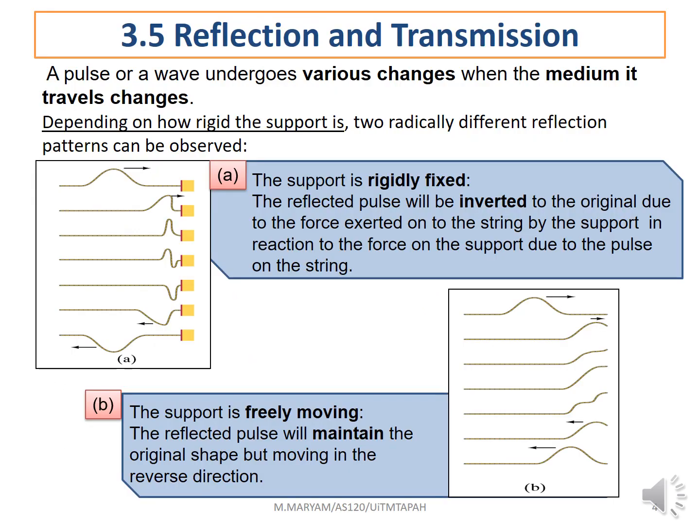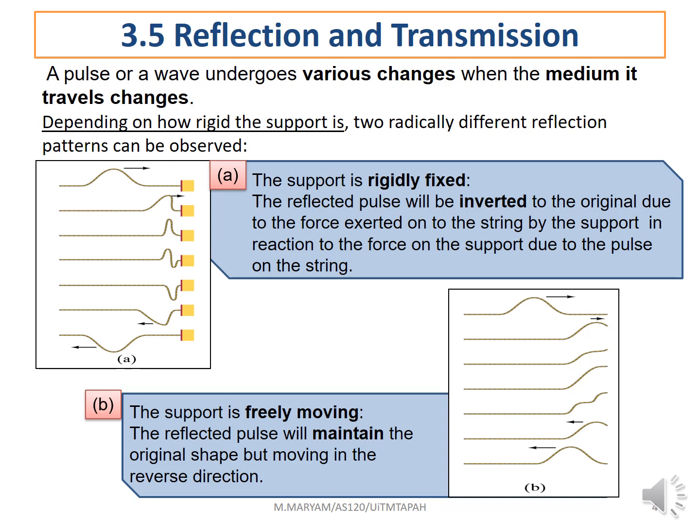Let's have a look at the reflection and transmission. A pulse or a wave undergoes various changes when the medium it travels changes, as you can see in part A and part B. It depends on how rigid the support is. Two radically different reflection patterns can be observed.